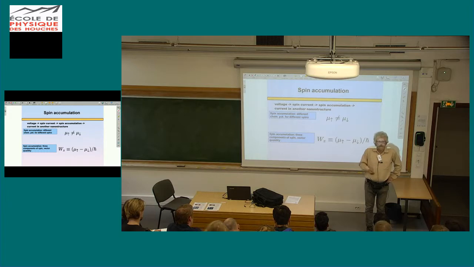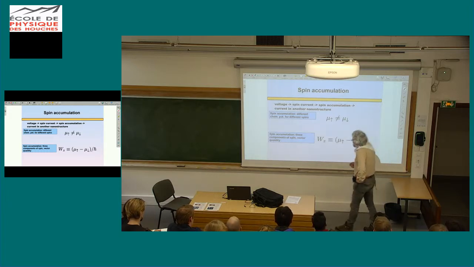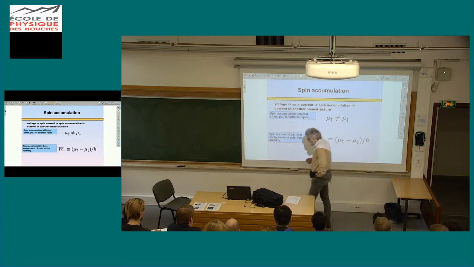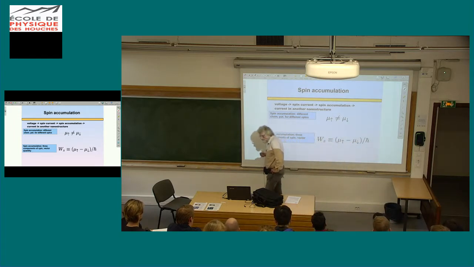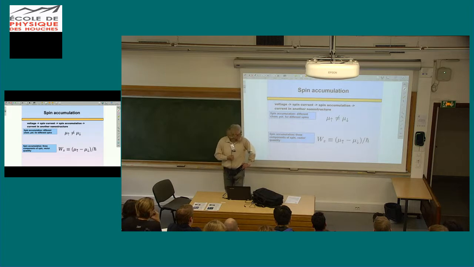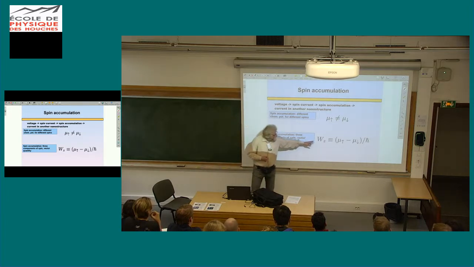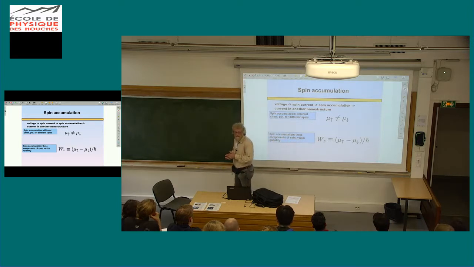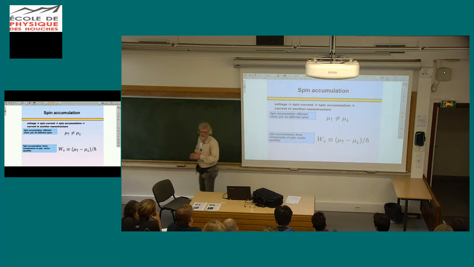Non-equilibrium situation. Okay, we have excess of spin, we have spin accumulation. Let us now recall that spin is a vector quantity. So that gives only one component of this quantity. There can be also x and y components. So, in fact, as a result of spin current, one can accumulate spin.